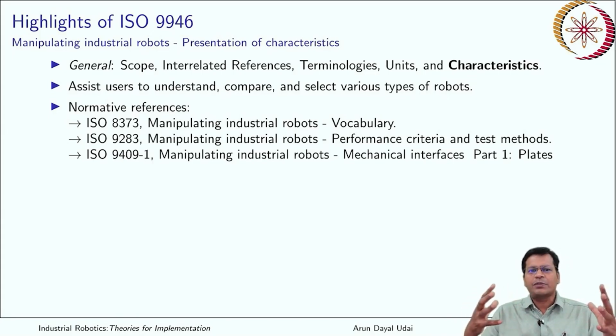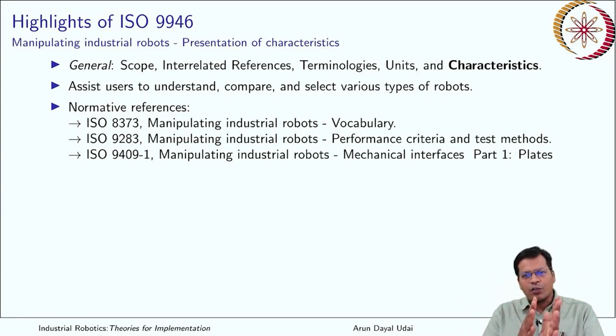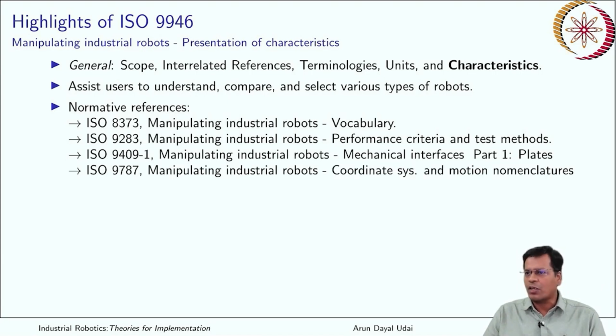That is a standard which precisely defines the placement of a flange on top of a robot so that any further attachments can be added very easily. So this mechanical interface is defined in 9409. We'll talk about this even more in detail when we talk about interfaces.